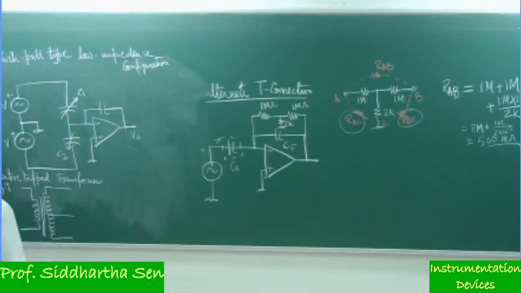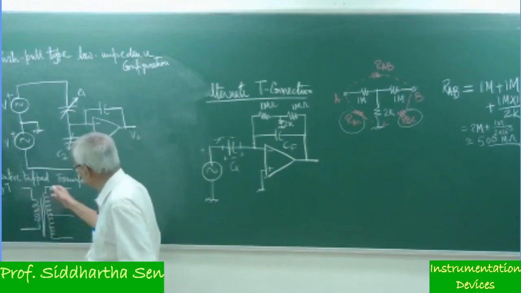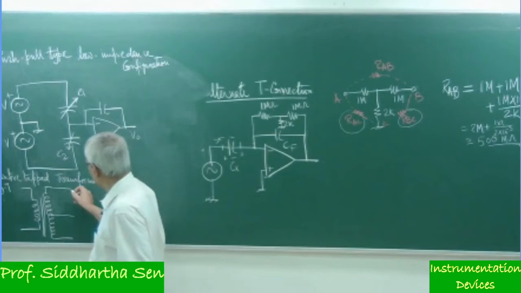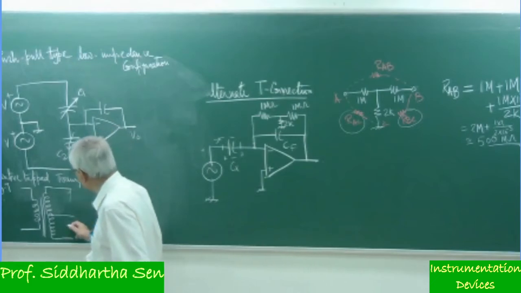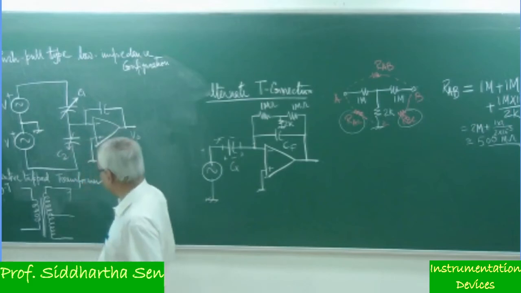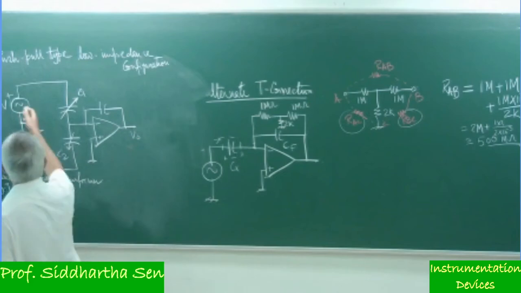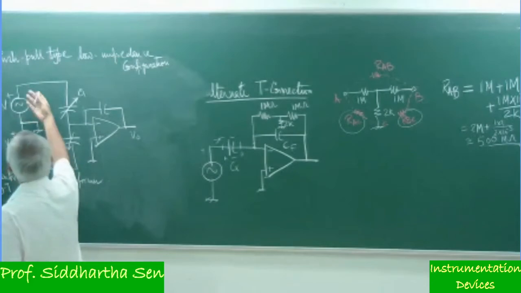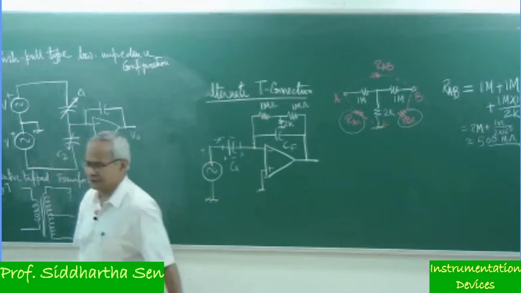That means if we apply 230 volt, actually it is 18 volt output that is given, but there is a center tapping. So as a result, here there is a voltage 9 volt, and here there is a voltage 9 volt. So these things can replace these two voltage sources. So whenever we show it like this, we can think of a similar type of arrangement there.